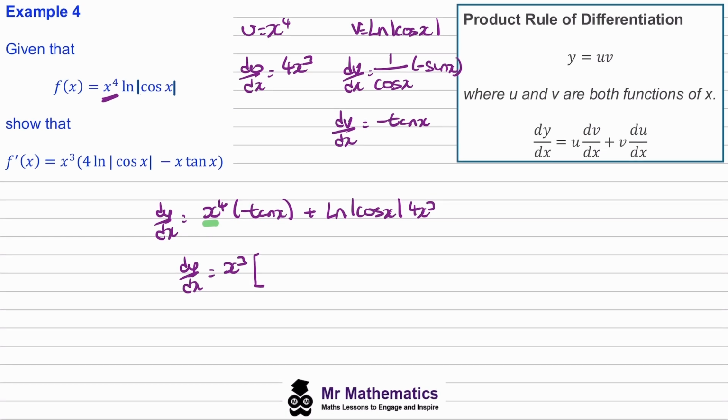So multiplied by 4 times the natural log of cos of x minus, we need an x term here, tan of x. And that's what we were asked to show here.